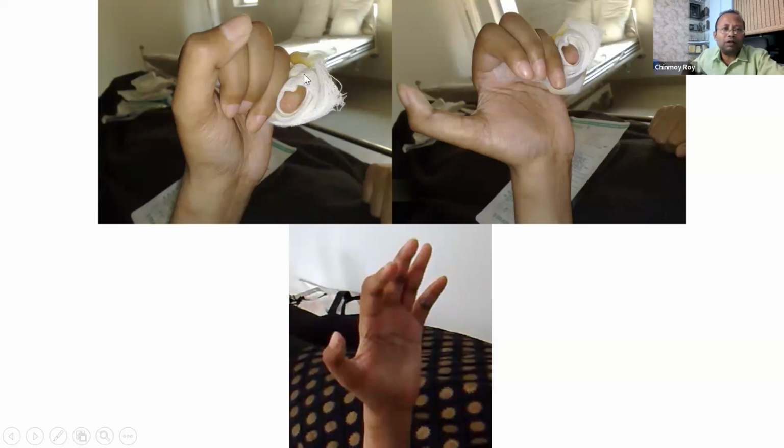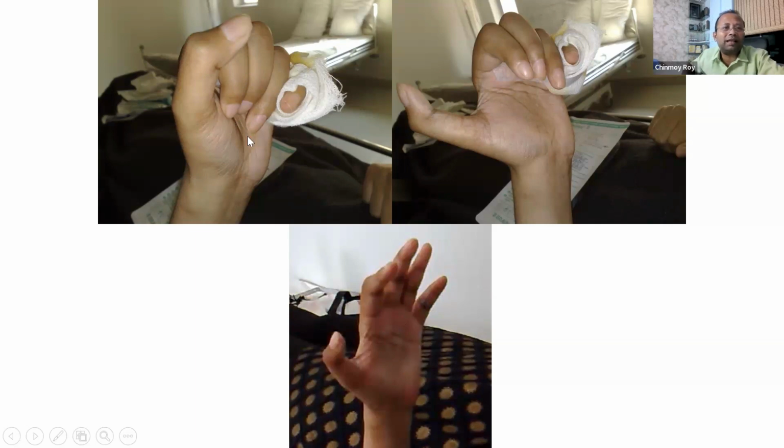Actually this bandaging was done because somebody in physiotherapy tried to forcibly straighten the finger, and they made a fracture of this finger. This is the condition when the patient arrived, and you can see there are too many trophic changes and motor changes, mainly muscle wasting, all disused muscle wasting.